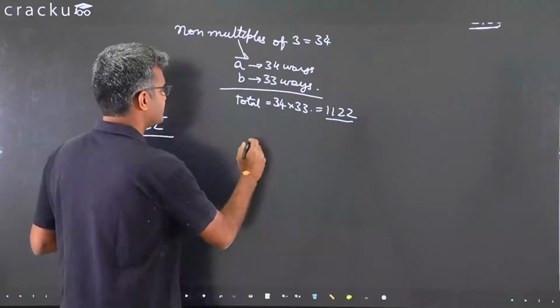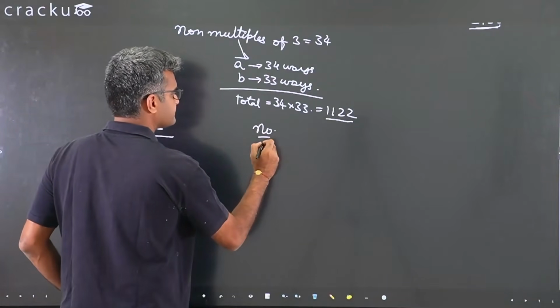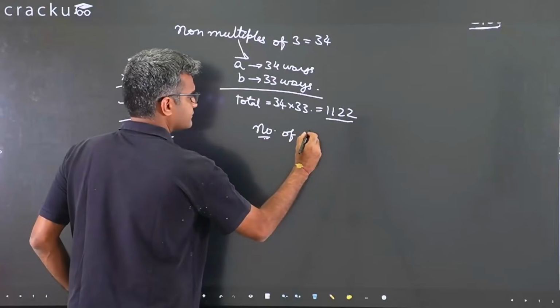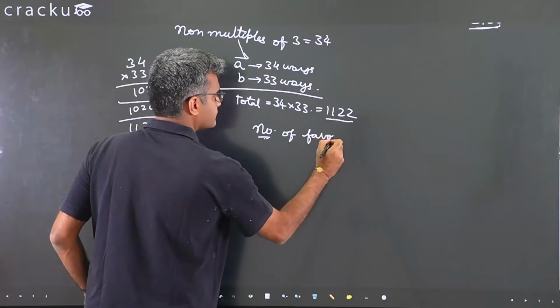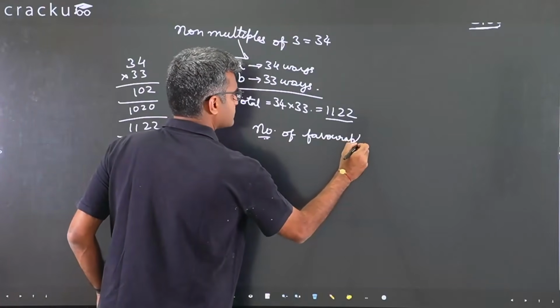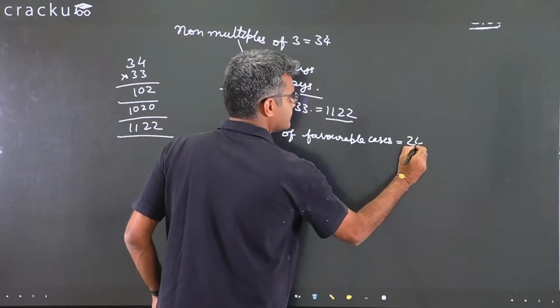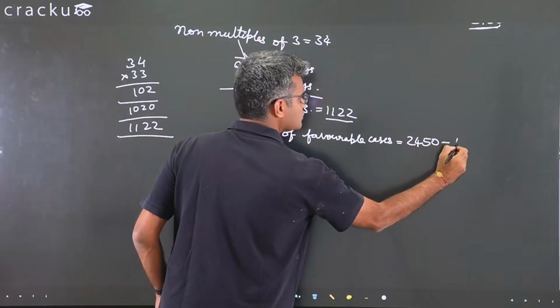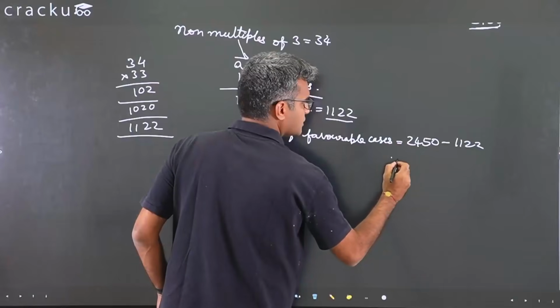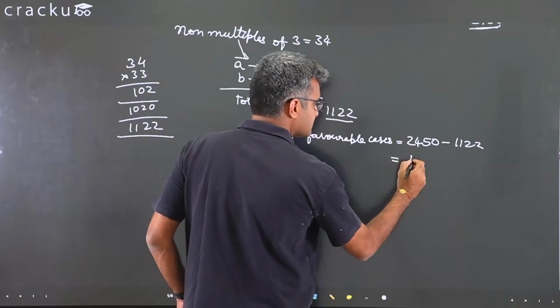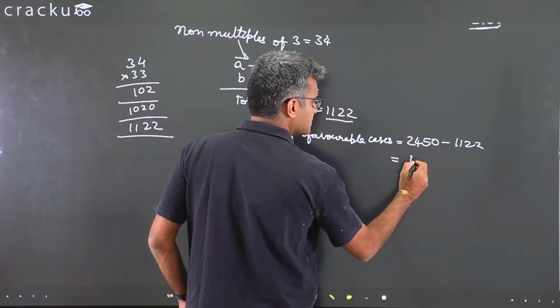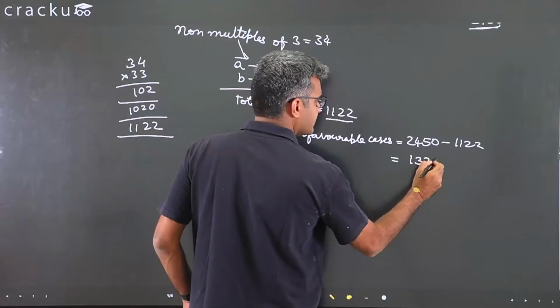So the number of favorable cases will be 2450 minus 1122. This is equal to 1328.